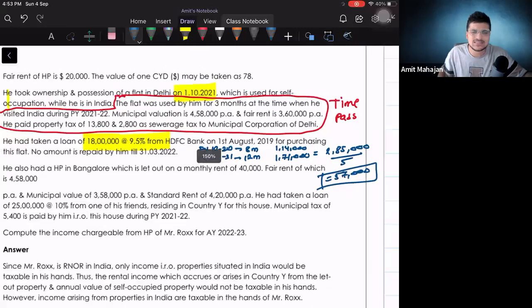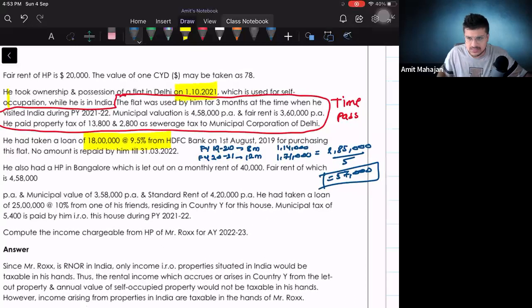Post-construction, what will it be? Same, 18 lakhs into 9.5%, which comes to 1,71,000. If I add 1,71,000 to 57,000, I will get the figure of 2,28,000.